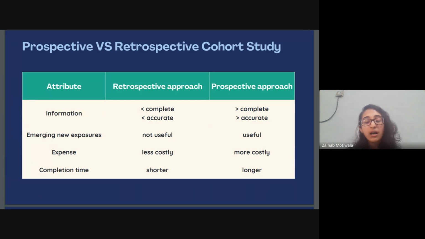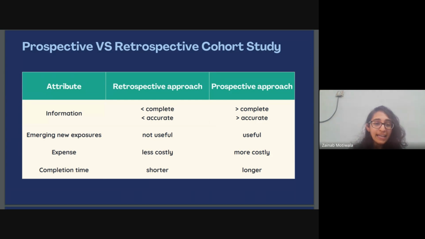We also cannot see new exposures with retrospective approaches, as compared to prospective, where they can be seen because it's happening in time. But retrospective is less costly, and it can be done in a shorter period of time, whereas prospective would be more costly and take a longer period of time because patients need to be followed up for that entire period.